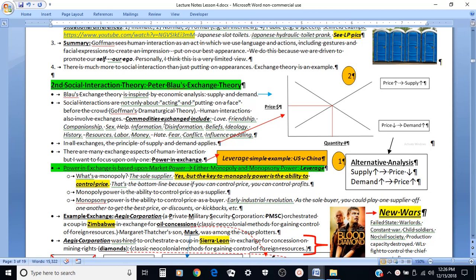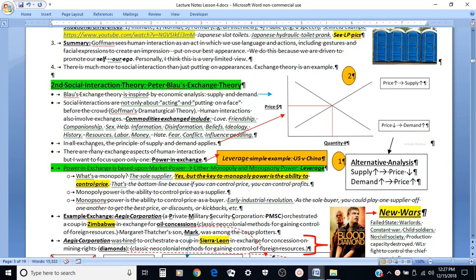Now, the types of commodities that are exchanged include things like love, friendship, companionship, even sex, help, information. Disinformation can be passed. Beliefs, whether they're true or not, can be passed. Ideologies, histories, resources, labor, money, hate, fear, conflict, so emotions can be exchanged. Influence peddling.